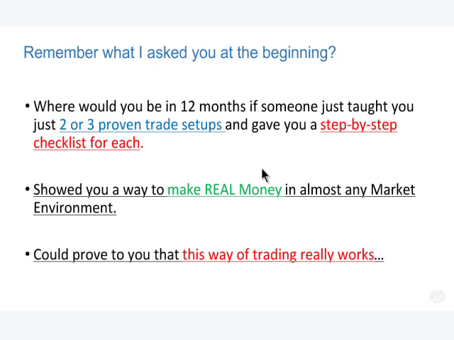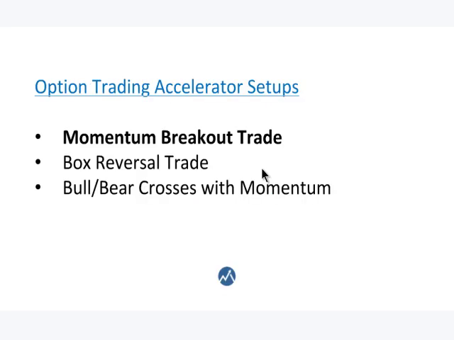What happens if I showed you that the trade setups I'm going to teach you make real money in pretty much any market: bullish, bearish, or even sideways? And what if I could prove to you this way of trading really works? The three options trading accelerator setups, the trades that we teach, are the momentum breakout trade, and the box reversal trade, the one that I showed you.